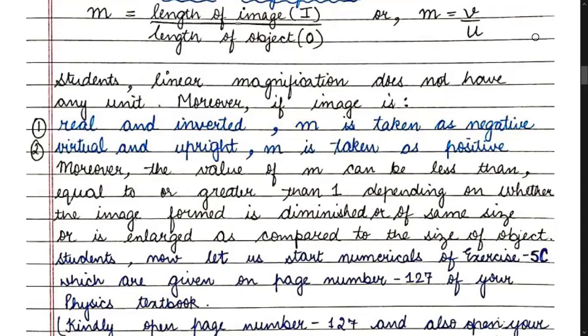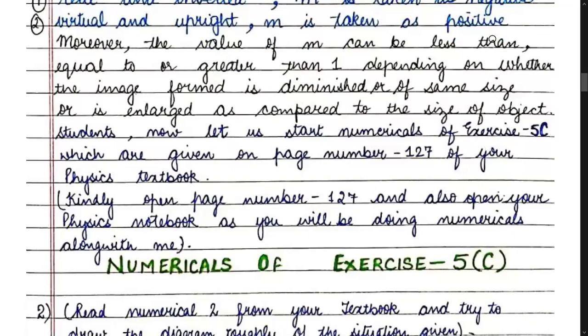It remains the same for the case of lens also. So the value of m can be less than 1, equal to 1, or greater than 1 also, depending on whether the image formed is diminished, or the same as the object, or enlarged as compared to the size of the object.